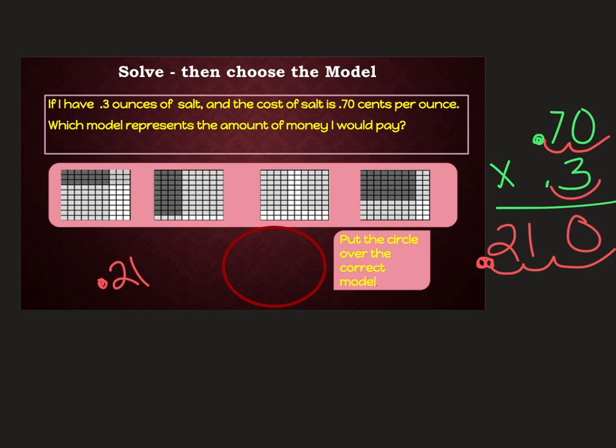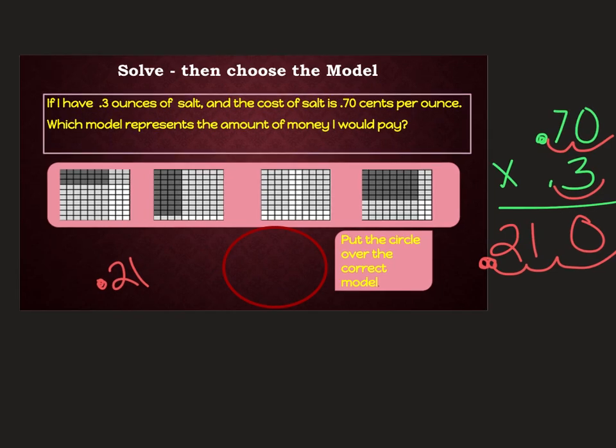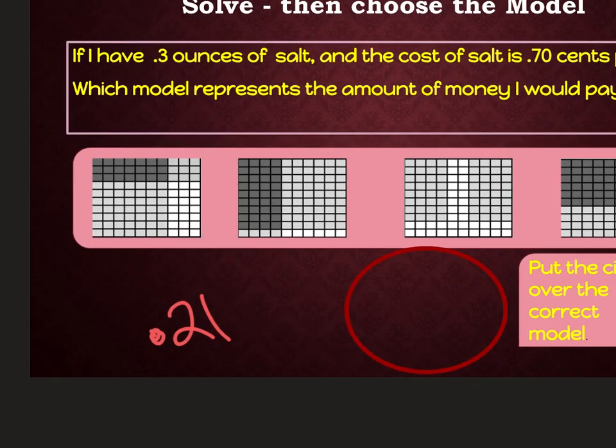Now remember, when I'm dealing with these models and I'm multiplying decimals, 3/10, and 70/100, or that could also just be 7/10, right? If I decided to leave the 0 out, it could be 7/10. So I'm looking for a model that has 3/10 going this way and 7/10 going this way, shaded in. And then the area that's overlapped will be my actual answer. That'll be the right one.